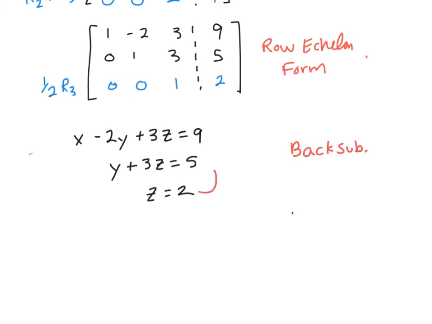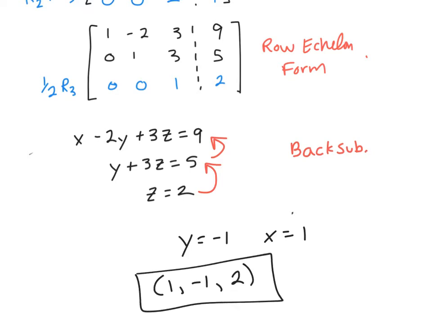So we essentially take this and we plug it in here, and when we do that, we can see that y is -1, and then we can take our y and our z values and we can plug them in here, and we see that x equals 1. And then all you need to do is write it as a coordinate, and you're done.